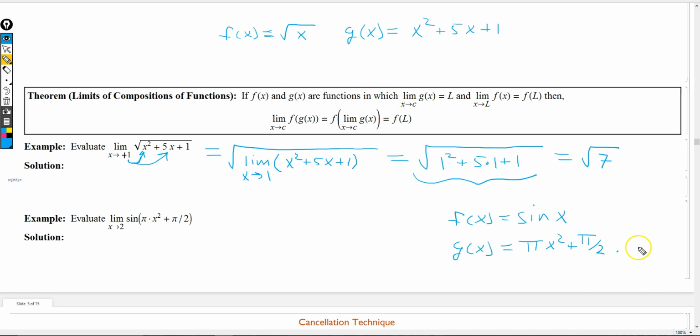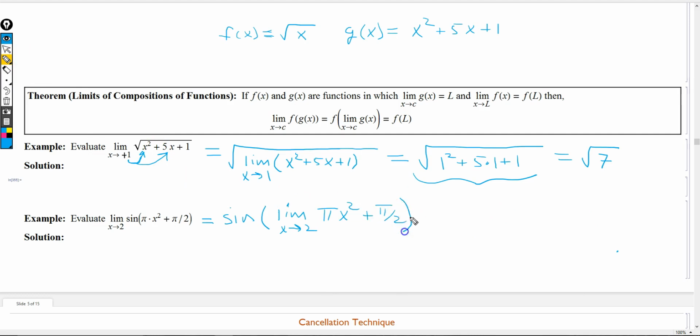So then what this theorem here is justifying is that you can move the limit inside, and then here you can just plug the 2 in for the x's, right?